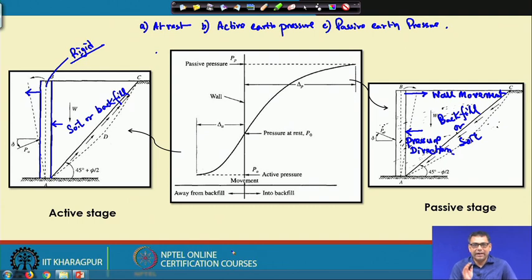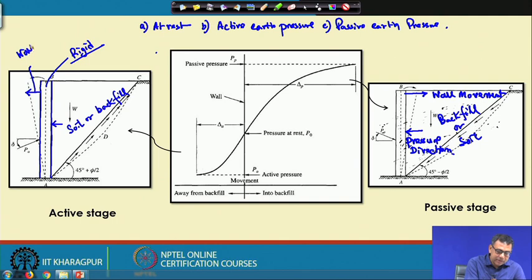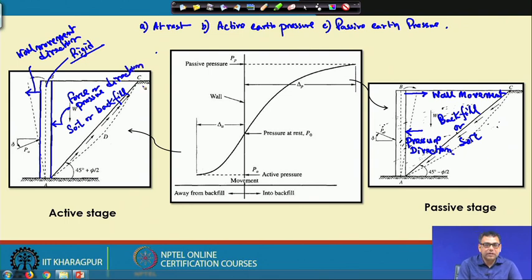One is earth pressure at rest, that means the wall is so rigid that it is not moving in any direction. Then, if the wall moves towards the direction of the force, this is the wall movement direction and this is the force or pressure direction, then it is called active earth pressure.